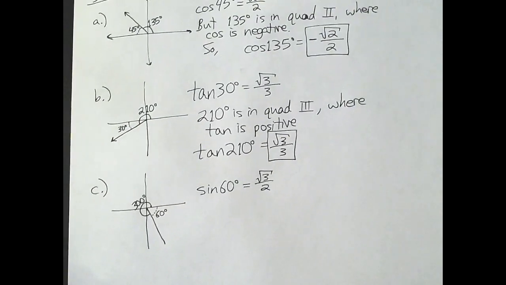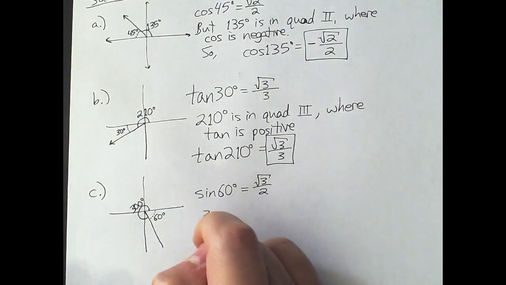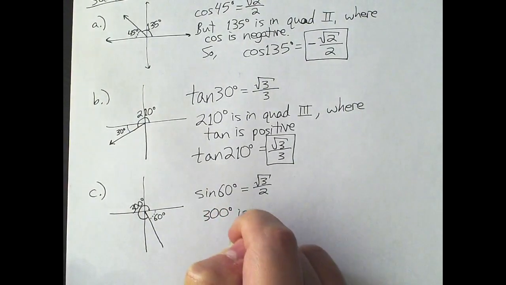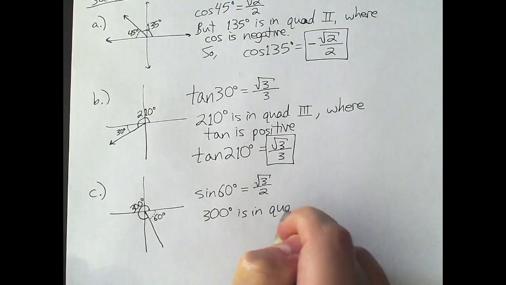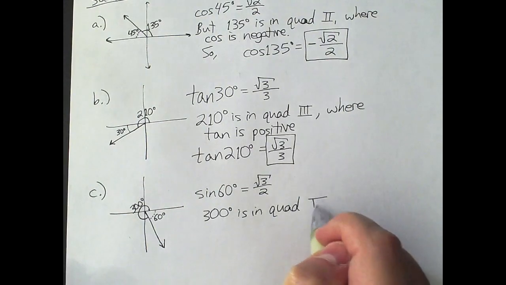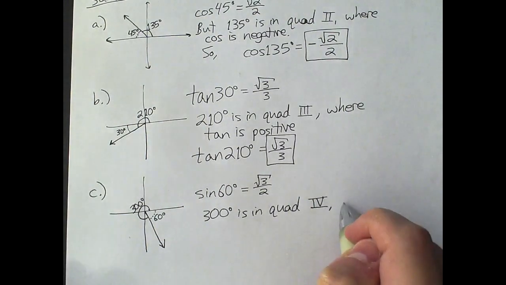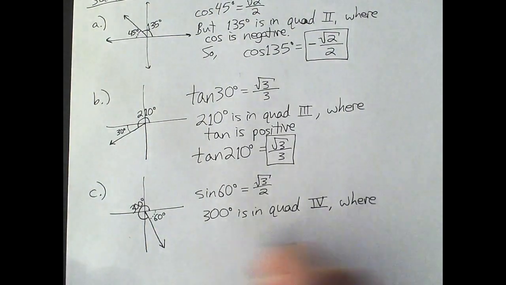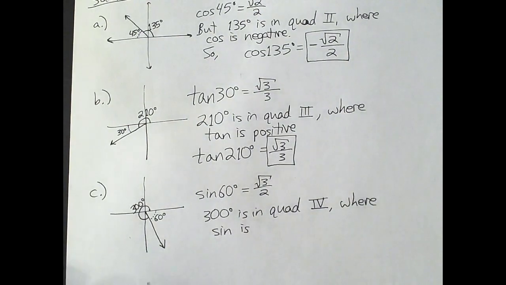Now, what about 300 degrees? 300 degrees is in quadrant... what quadrant are we in? Definitely 4, because they go 1, 2, 3, 4. This is definitely pointing into quadrant 4. And then we have to figure out, is sine of something positive or negative in quadrant 4?